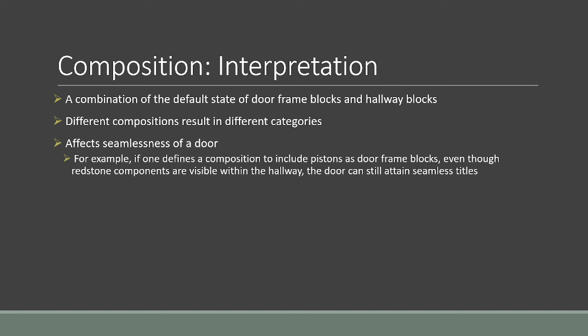So just to give you two illustration examples. If one defines a composition to include pistons as door frame blocks, which sounds weird, but it actually exists, even though redstone components are visible within the hallway because you have pistons as door frame blocks, the door can still attain seamless tiers.